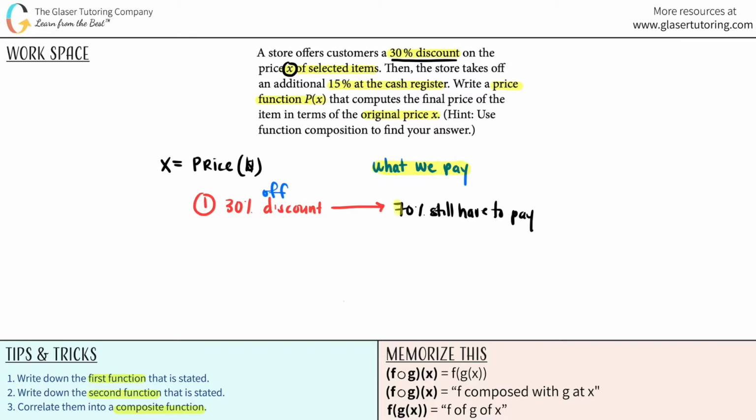And this is the number that we have to pay attention to, the 70%, not the 30, because they want to know the final price, what we or the customer has to pay. And it says it right in here.